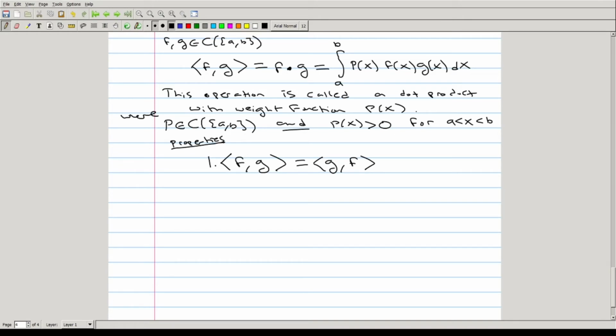And this is satisfied because the integral from a to b of p of x, f of x, g of x dx will always be equal to the integral from a to b of p of x times g of x, f of x dx.